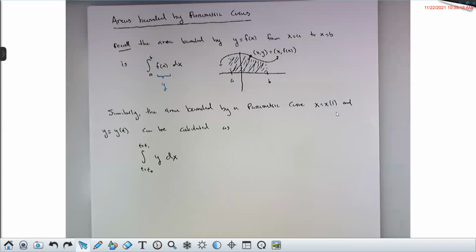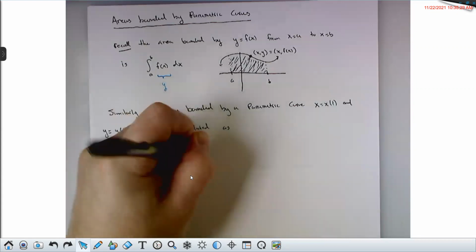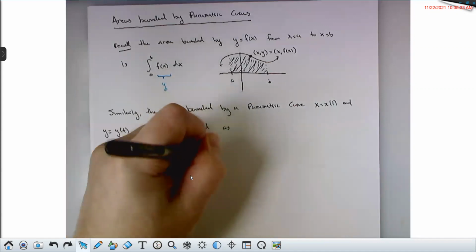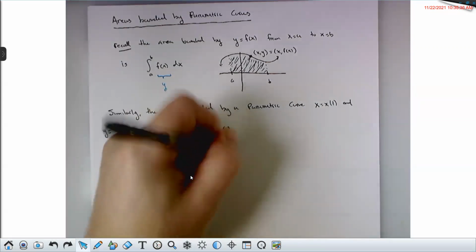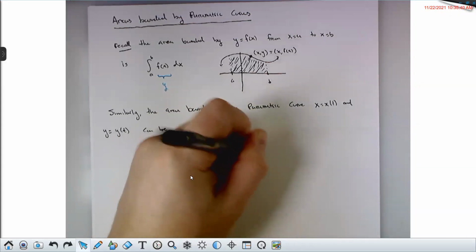Remember, everything here, both x and y, are now functions of t. So y, this is really y of t, and dx is going to be, let's say this is the integral from t0 to t1 of y of t times x prime of t dt.